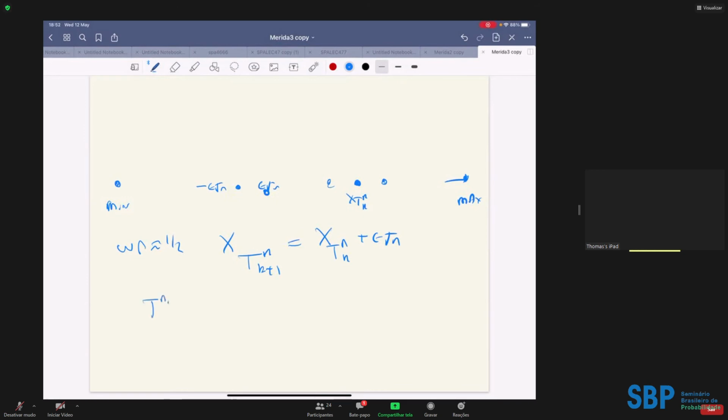Tn, let's just say T n minus k plus 1, which is the first time after T n k that x m is equal to x T n k minus epsilon square root of n.